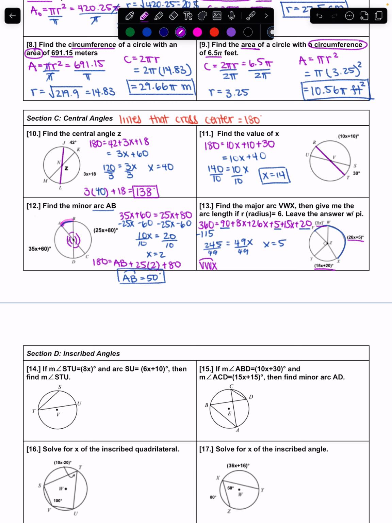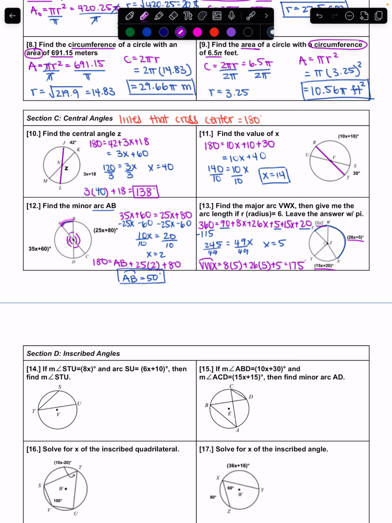VWX, that major arc, is equal to 8x, and we know x is now 5, plus 26x plus 5, that gives us 175. Okay, so that is not my arc length, that is going to be our central angle, the degree, or our x.